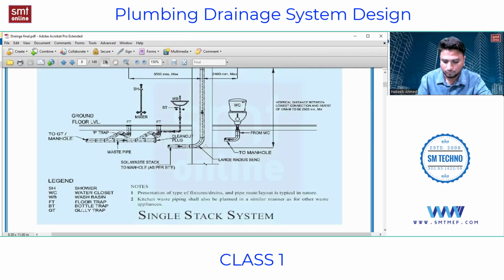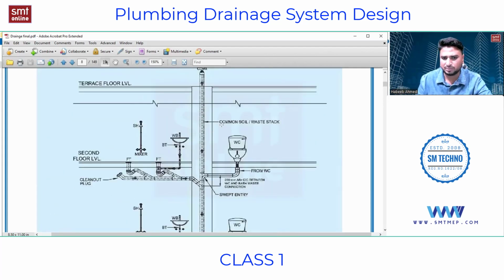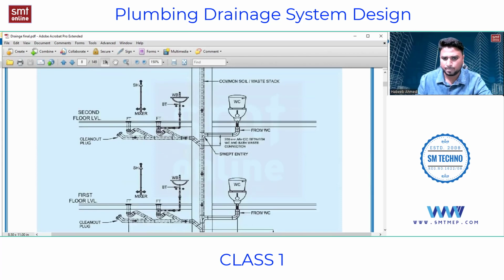Second, it is only suitable for up to 5 floors of the building, not more than that. If the floors of the building exceed 5, then this system is not recommended by the code or the standards.